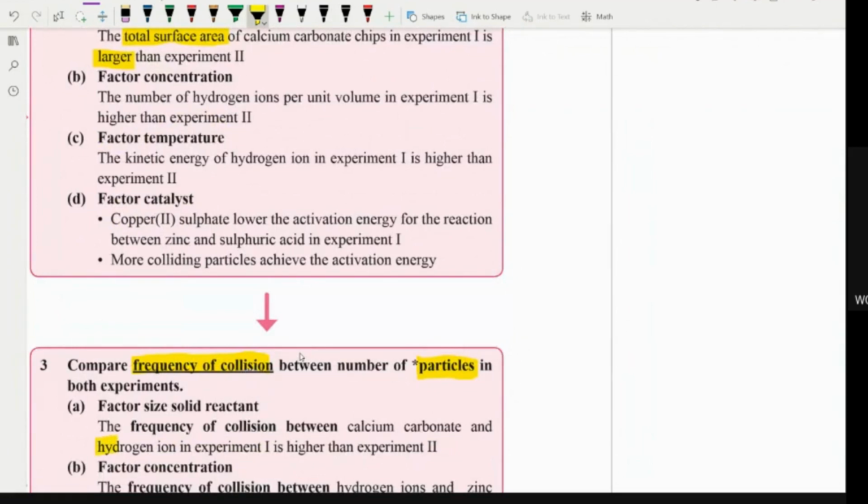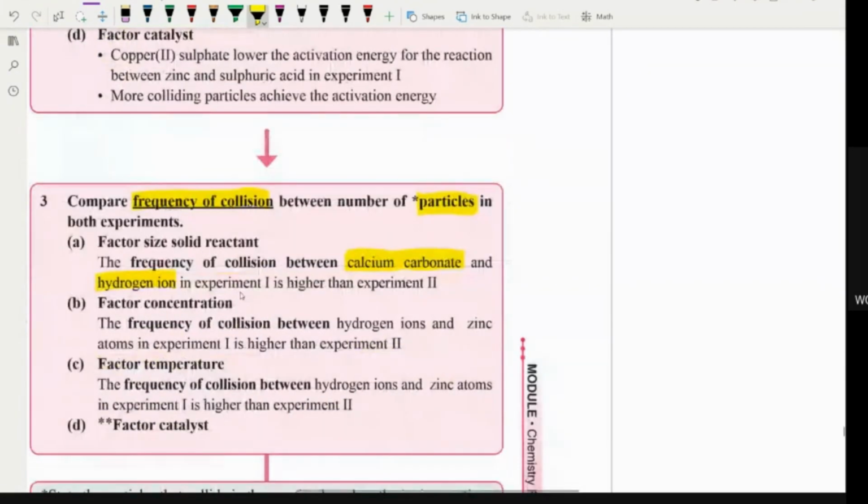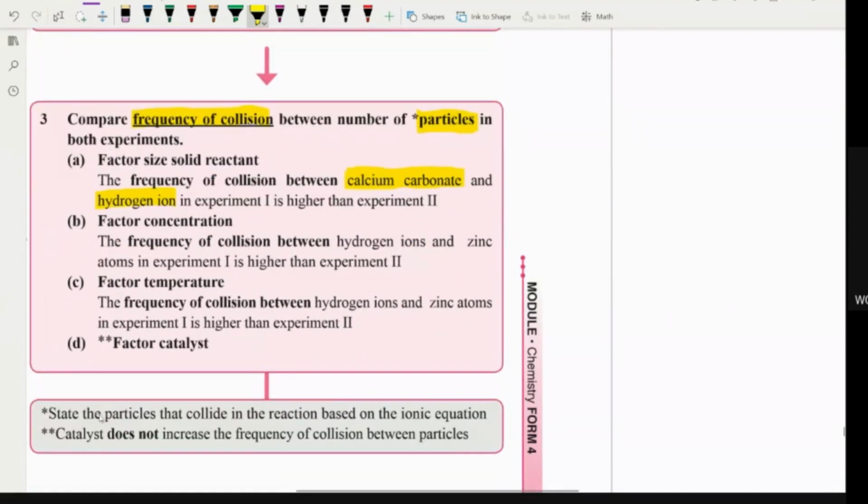Acid will be hydrogen ions, and for calcium carbonate, just mention calcium carbonate. So the standard answer: the frequency of collisions between calcium carbonate and hydrogen ions from acid in experiment 1 is higher than experiment 2. You must take the particles that collide in the reaction based on the ionic equation. But a catalyst does not increase the frequency of collisions between the particles.